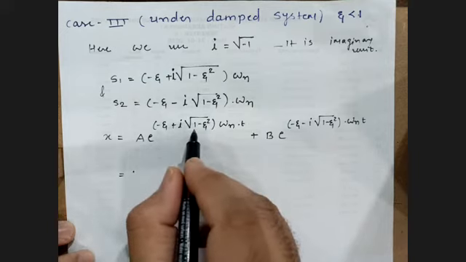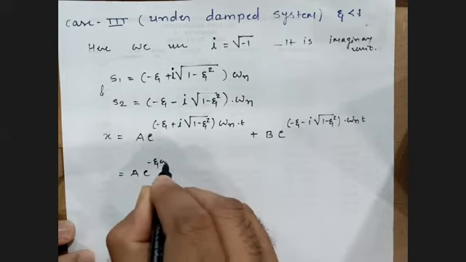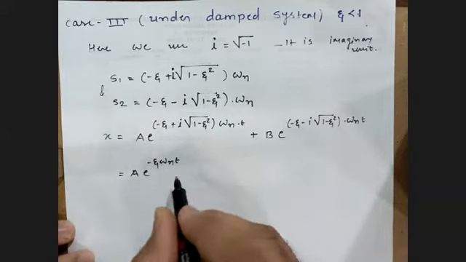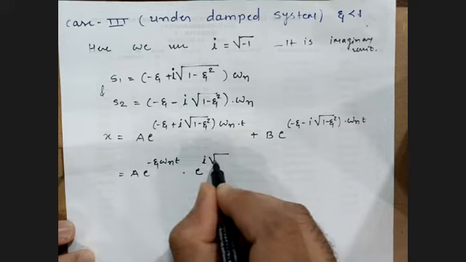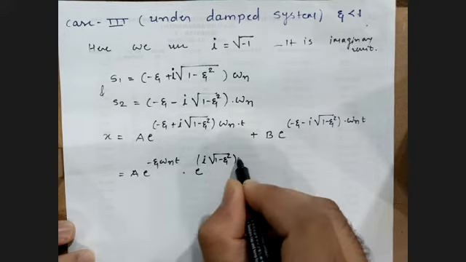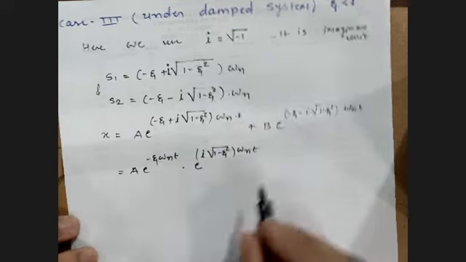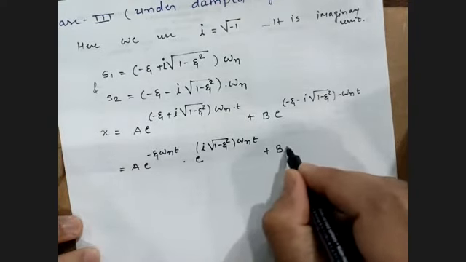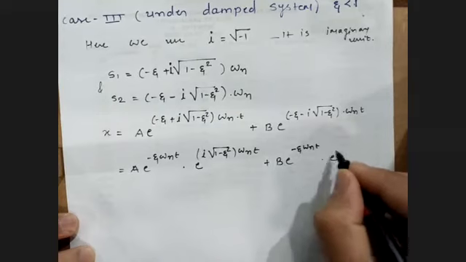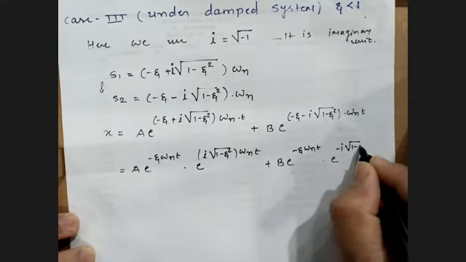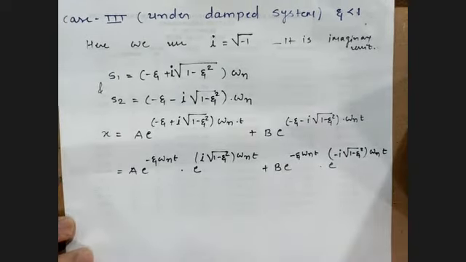So we split it, and we get a e to the power of minus zeta omega n t into e to the power of i under root of 1 minus zeta square into omega n t, plus b e raised to minus zeta omega n t into e to the power of minus i under root of 1 minus zeta square into omega n t. We just split it in this form.